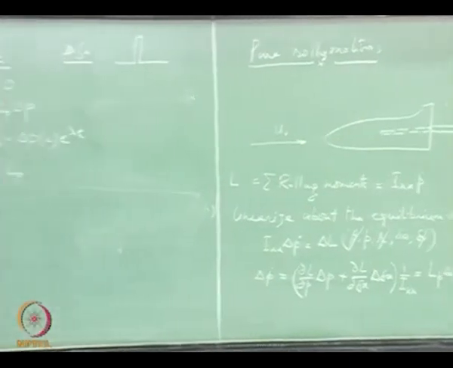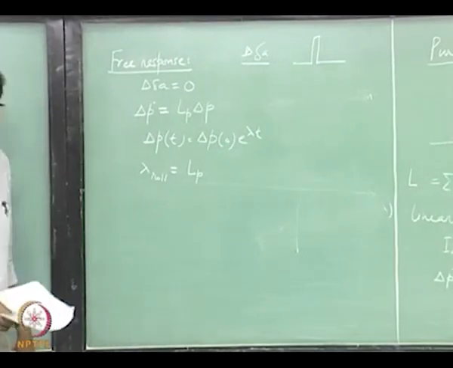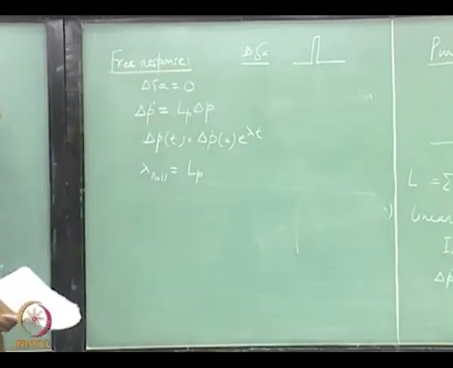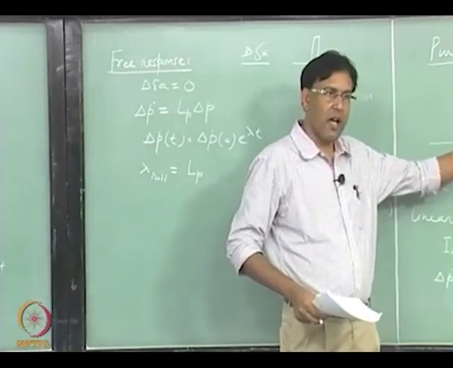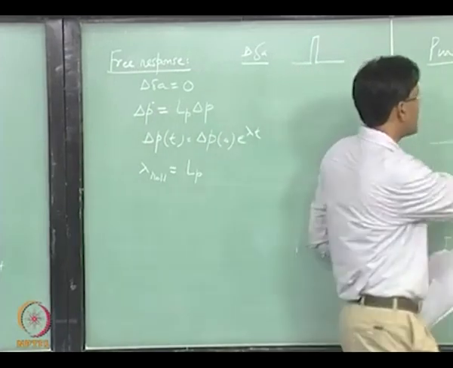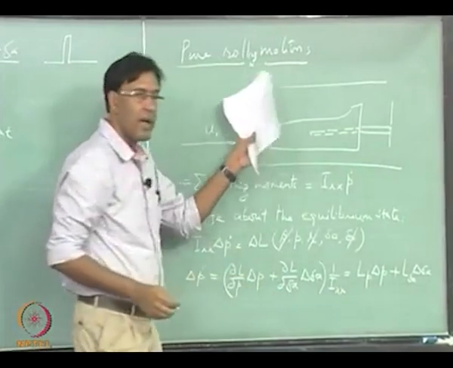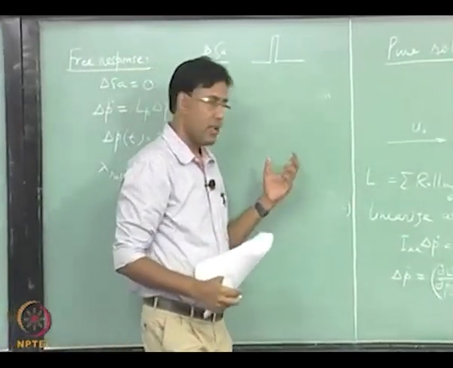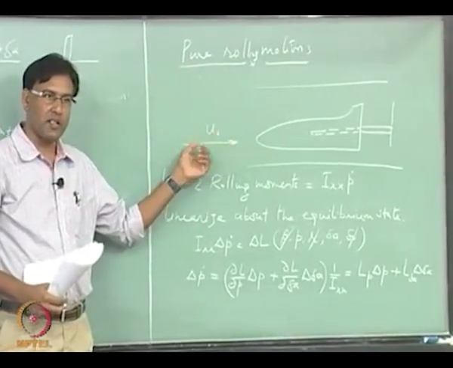In flight, yes, it will always be coupled. Whenever you have delta beta, you will have both roll and yaw. But here this model is constrained to have only one degree of freedom in motion, and that is roll. So this experiment I am conducting in a wind tunnel, so that I can extract some parameter from the transients.